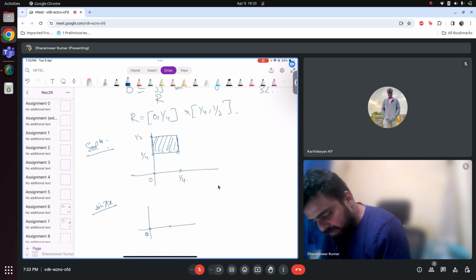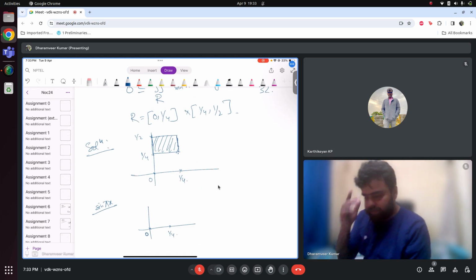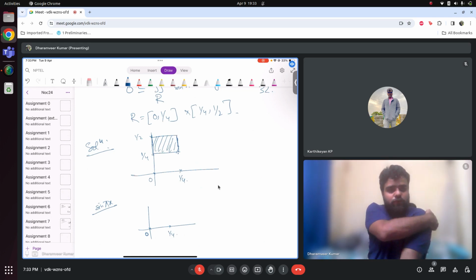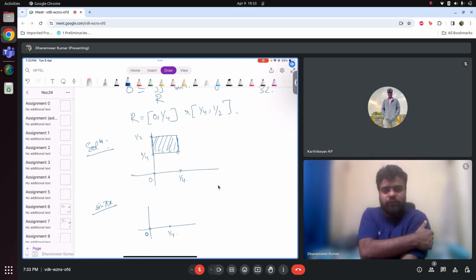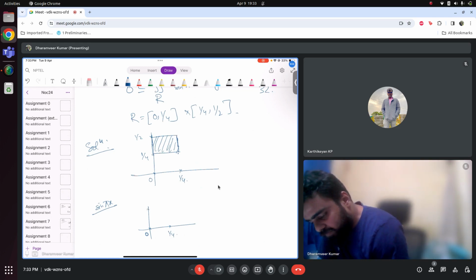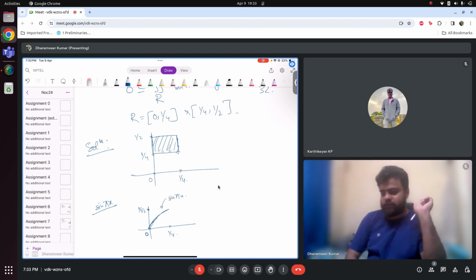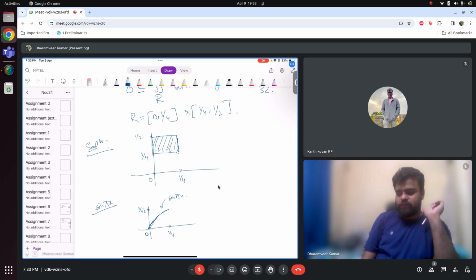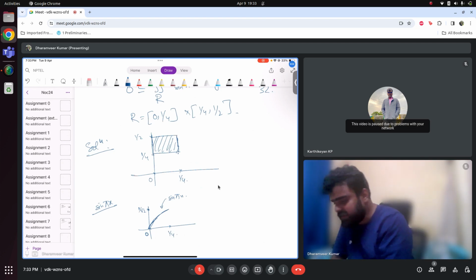X is equal to 1 by 4, the value is sine pi by 4. What is sine pi by 4? 1 by root 2. This is the plot of sine pi x. It's increasing. It's going from 0 to pi by 4, like how sine goes, in a similar sense.